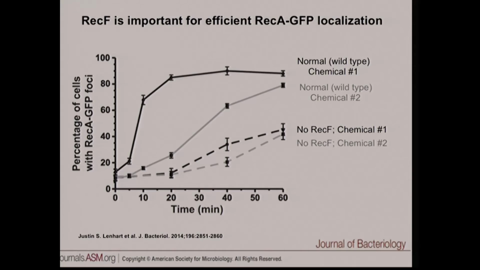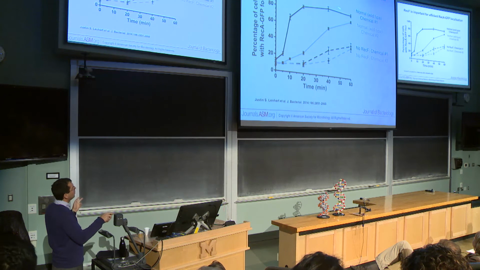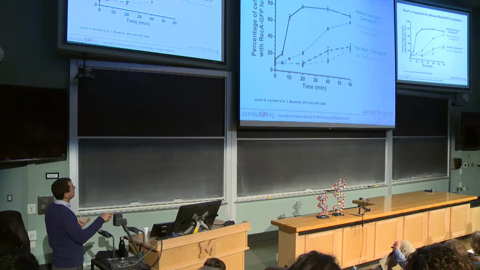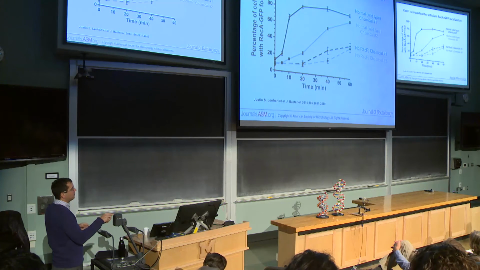And so this is what we did. Here we have time, and we're looking again at the percentage of cells with REC-A GFP foci, and this is our normal or wild type control with just the REC-A with the green fluorescent protein fusion. And this is treated with chemical 1, and it doesn't really matter what these chemicals are at this point.